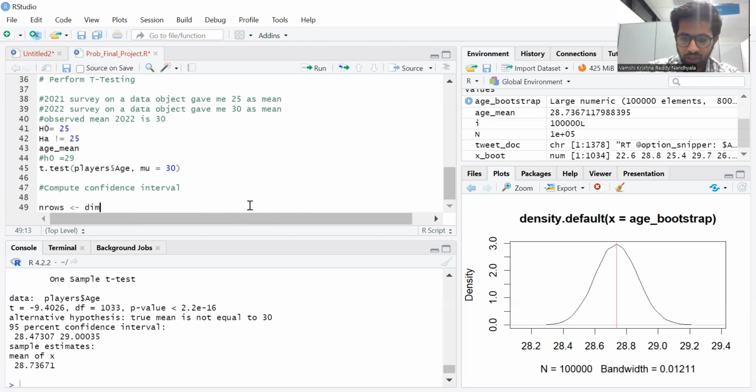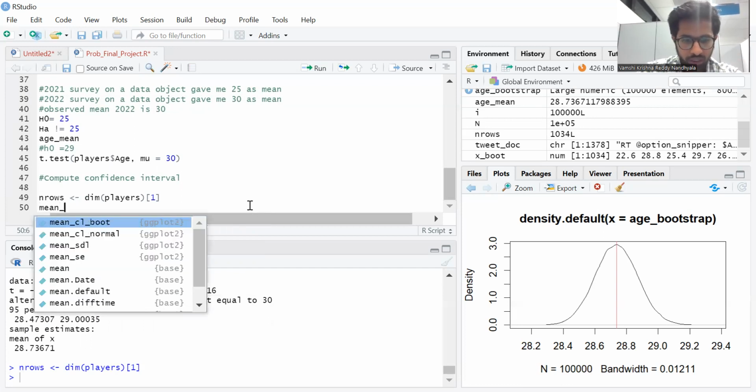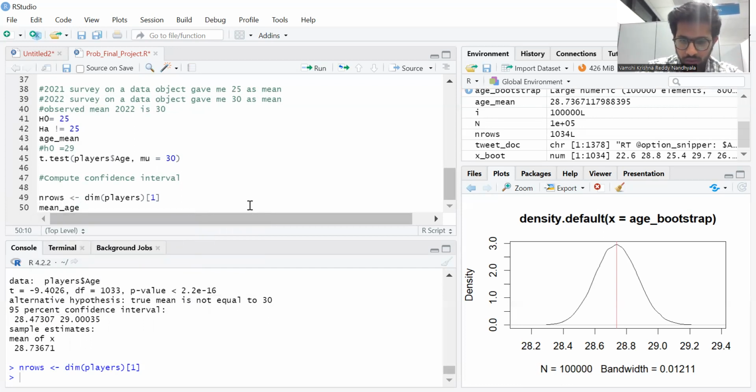Here, the number of rows of players, the mean age, the mean of players age.